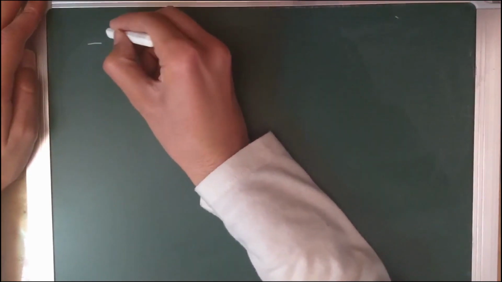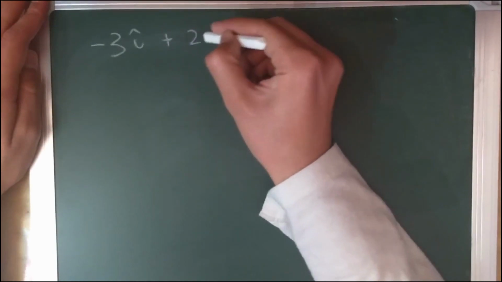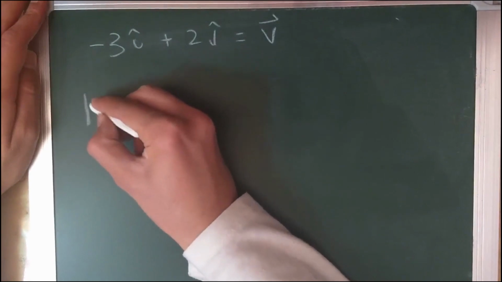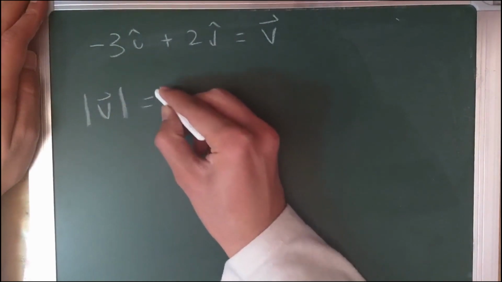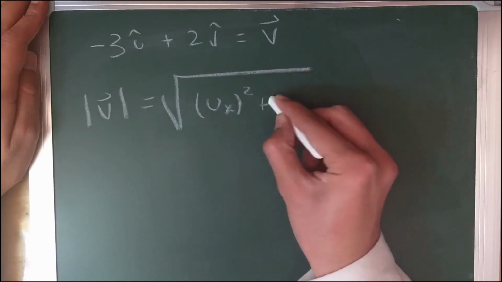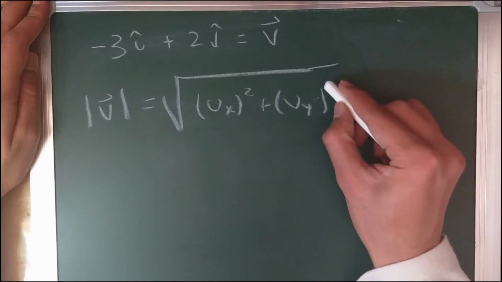Let's do another example. Let's say we have negative 3i hat plus 2j hat. That's equal to some vector v. We want the magnitude. Magnitude of v is the square root of its x component squared plus y component squared.